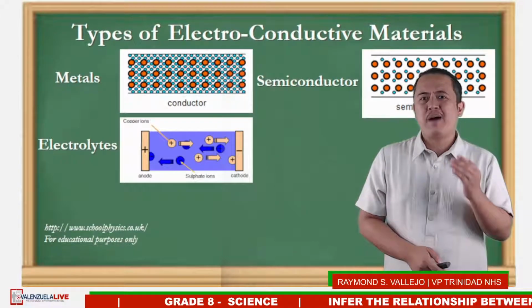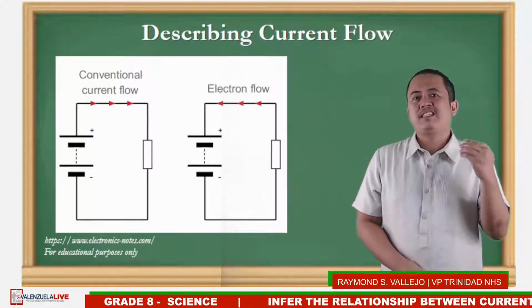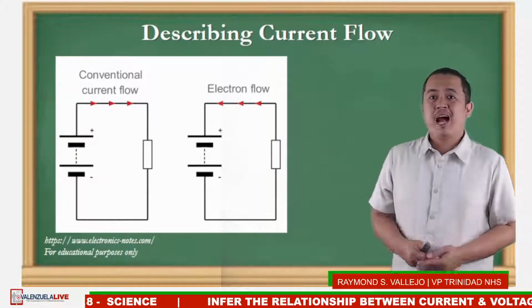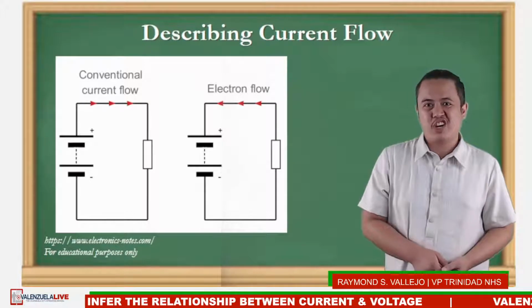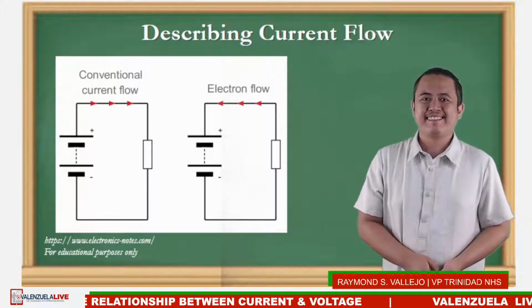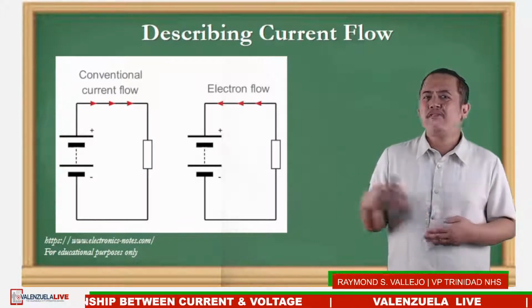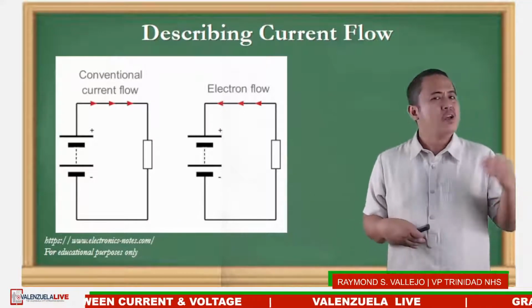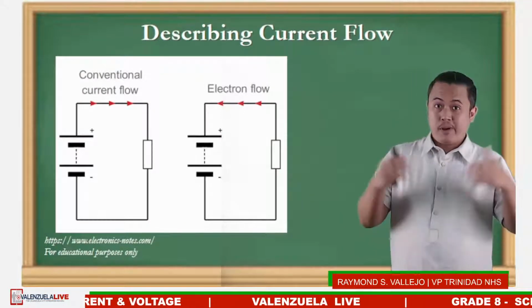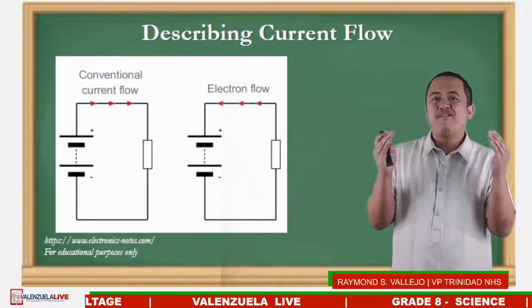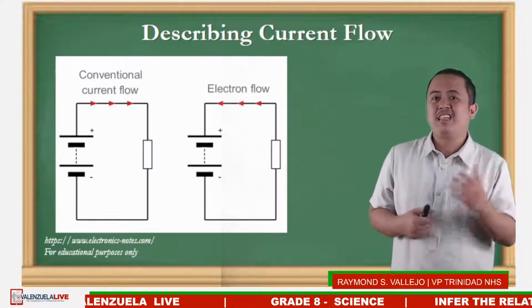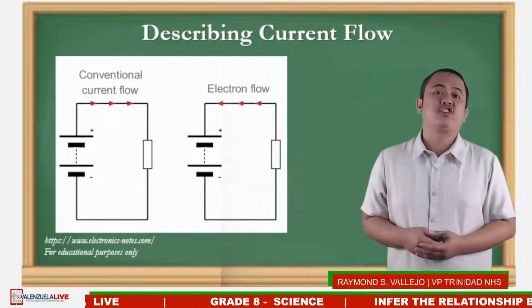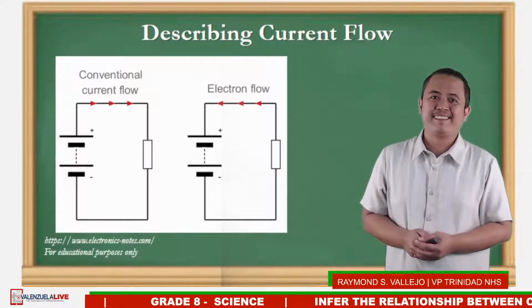A flow of positive charges gives the same electric current as the flow of negative charges in the opposite direction. Since current can be the flow of either positive charges or negative charges, or even both, a convention is needed for the direction of the current that is independent of the type of charge carriers.